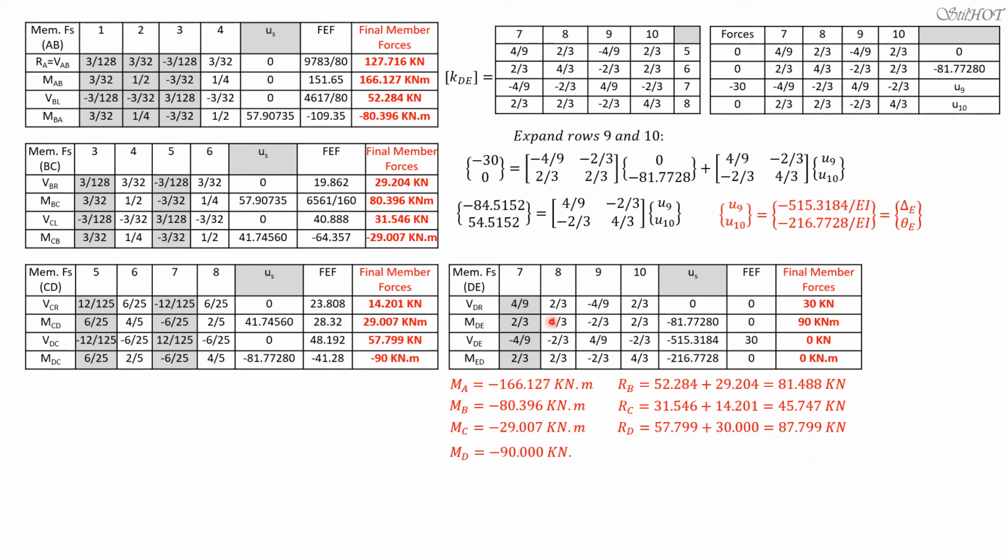MD is of course negative 90, this one, or the negative of this moment DE. Then that's it. ME is 0.